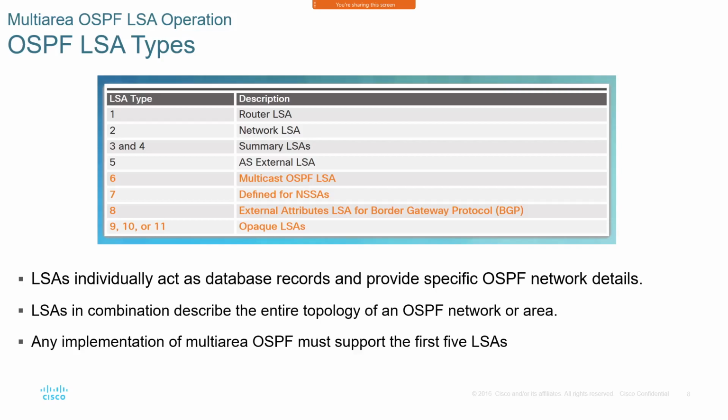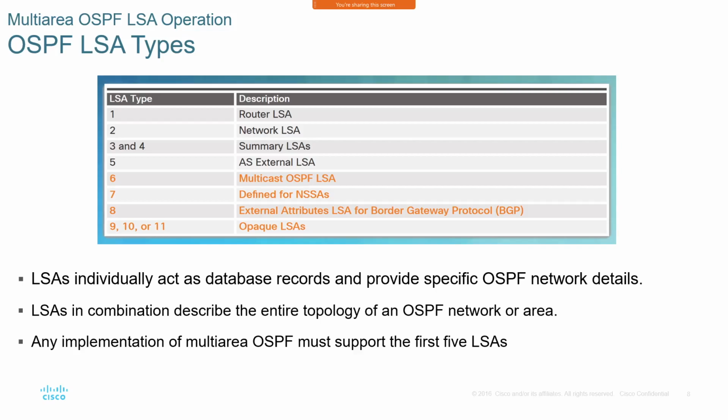And we also do have the type 5 external LSAs. The type 5 external LSAs will basically contain information of how to get to external networks. Okay? So you expect to find LSA type 5s when we have an autonomous system border router, or we have an exit outside of the OSPF routing domain that we have.